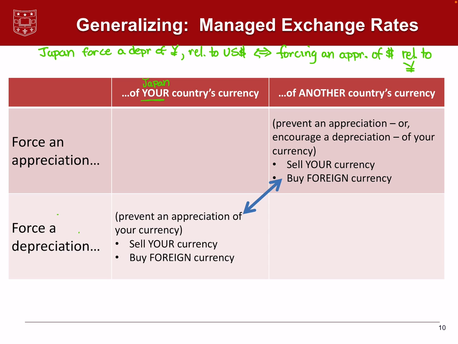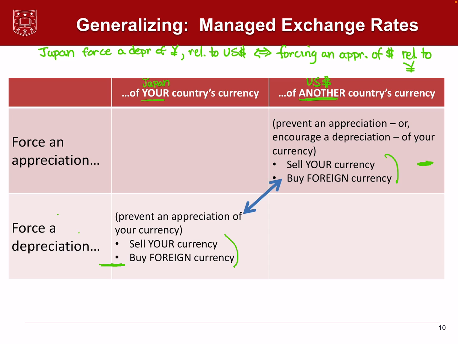So forcing an appreciation of another country's currency, this is the US dollar. So from the perspective of Japan, if it wants to force a depreciation of the yen relative to the dollar, it is the same thing as saying forcing an appreciation of the dollar relative to the yen. And what do you do? You do the same thing. They're just flip sides of the same coin.